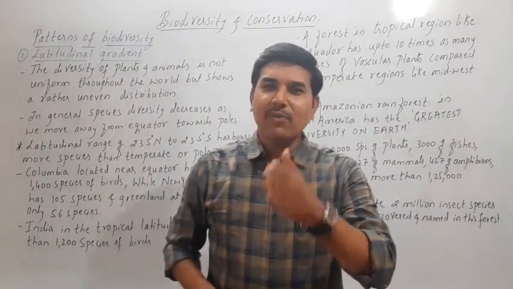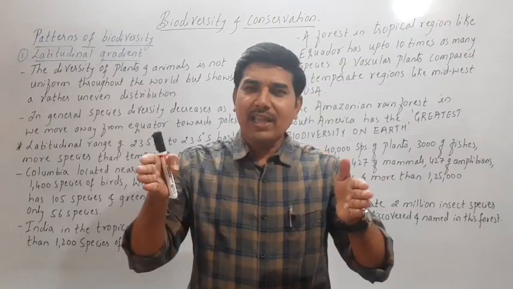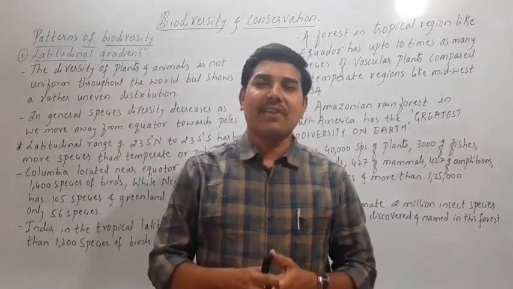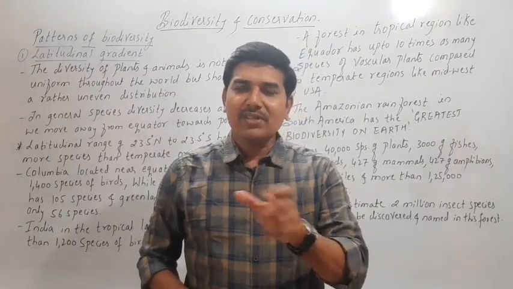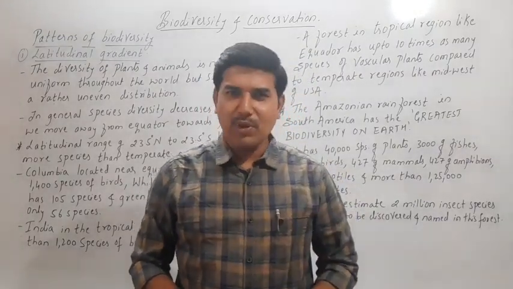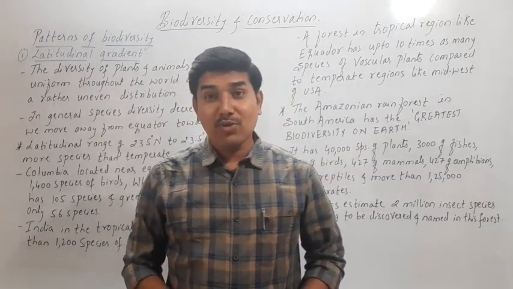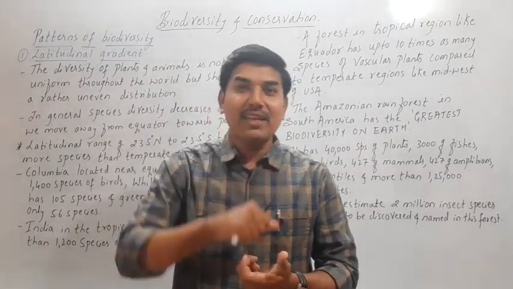Because the equatorial region, mainly we call this region a tropical rainforest, and this tropical rainforest harbors a majority of the species, because the environmental condition remains the same throughout the entire year.